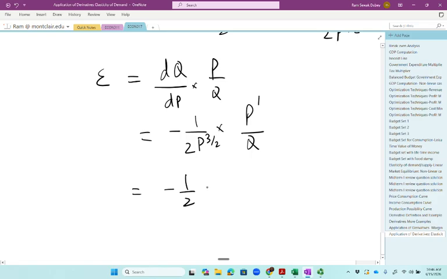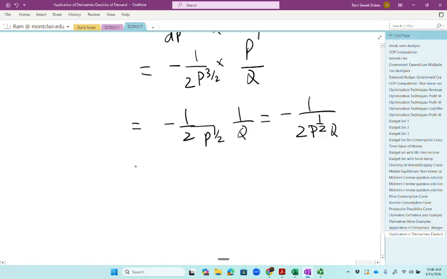There is a cancellation going on. We will have P to the power 1 half, and then we have 1 over Q. So I could write it as minus 1 over 2 P to the power 1 half times Q.